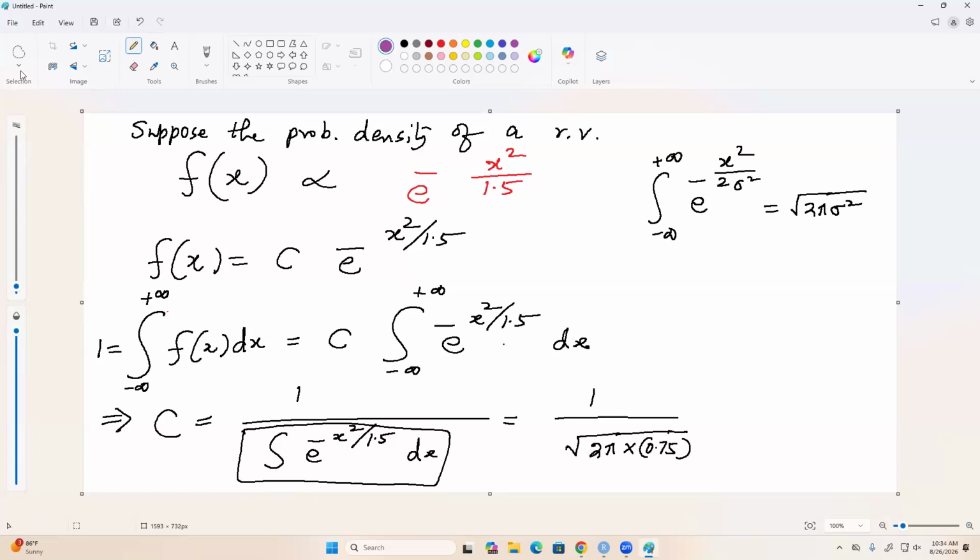I wrote this 1.5 as 2 times 0.75. Therefore, I got this expression. So I got the proportionality constant c, and it is simply the integration of that g(x) function over the domain of the random variable.